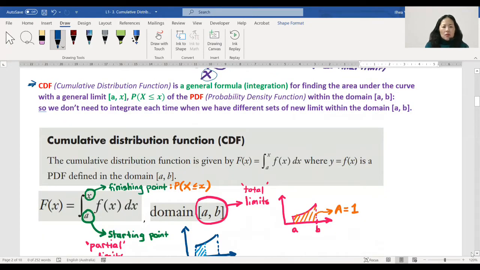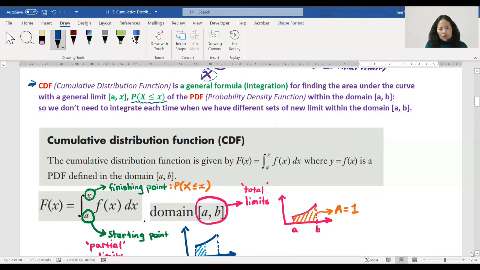So what it says is the CDF is a general formula, which is integration because we're talking about the area under the curve, for finding an area under the curve with a general limit, which is A to x. A is a starting point, okay, which is our domain A to B. And also, it actually contains the meaning of probability of big X is less than or equal to x.